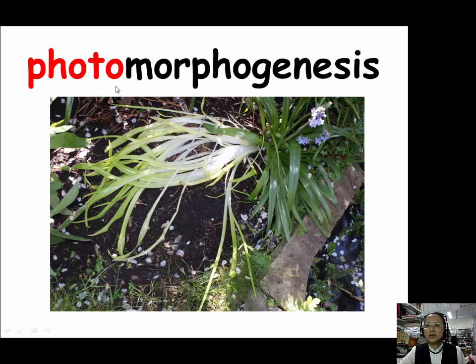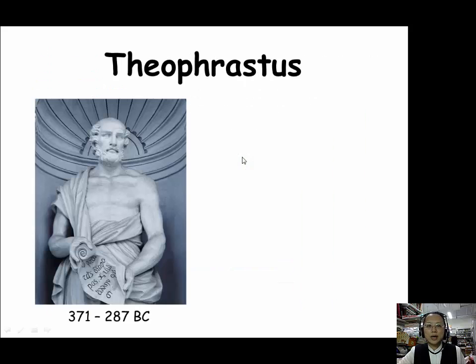Photomorphogenesis, by definition, is a light-mediated development where plant growth patterns respond to the light spectrum. It cannot be confused with photosynthesis, which we will talk about right after this PowerPoint. Photomorphogenesis was first described by Theophrastus.